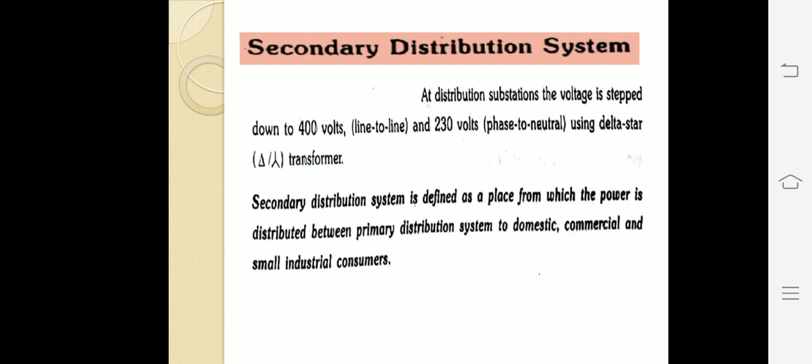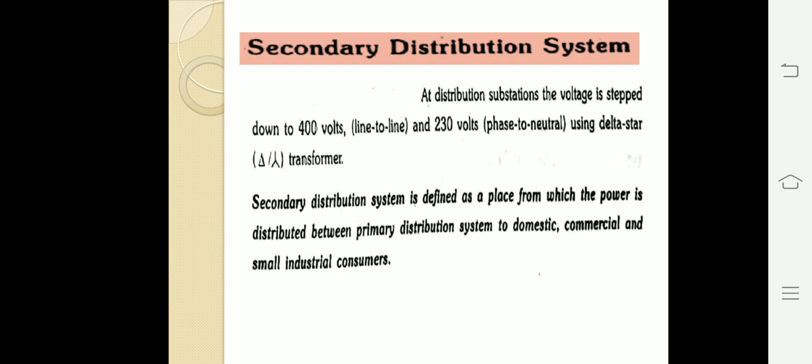Now coming to secondary distribution. Secondary distribution is defined as the place from which the power is distributed from the primary distribution to domestic appliances and commercial and small industrial consumers. Here we step down the voltage, whatever voltage we said, 11 kV, by using a delta to star transformer.